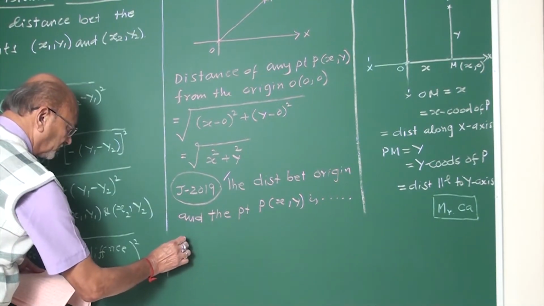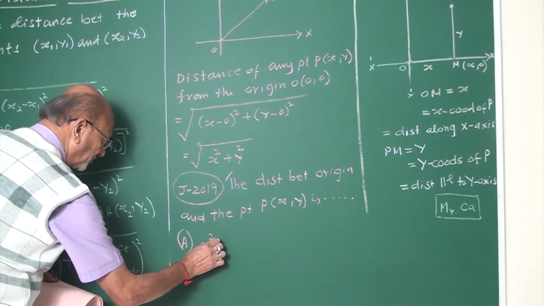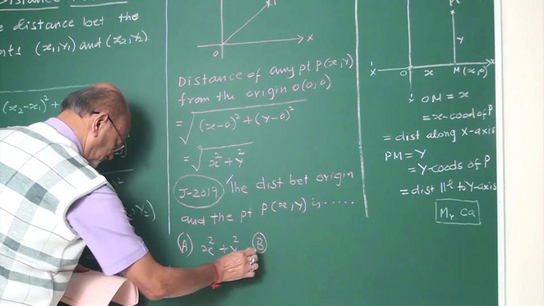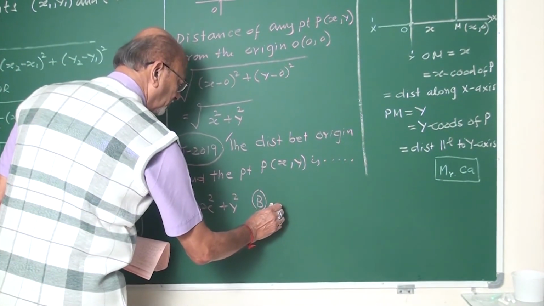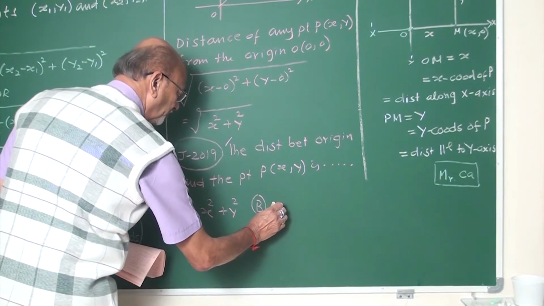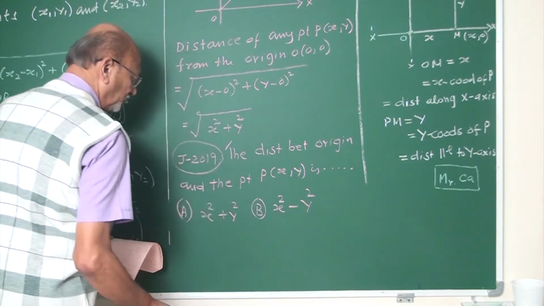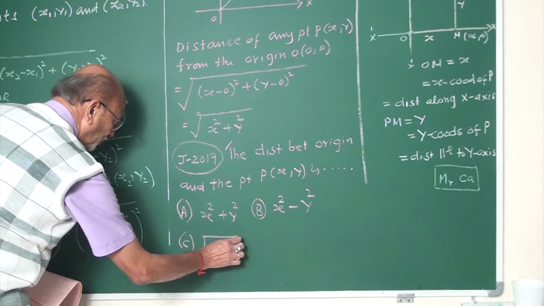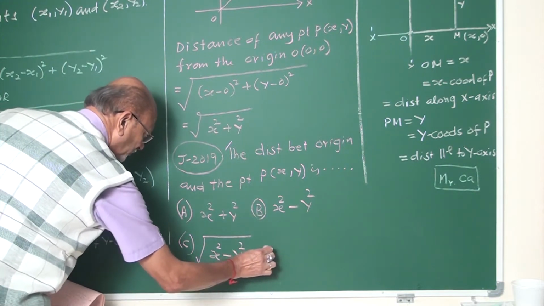First option is x square plus y square. Second option, x square minus y square. Third option, square root of x square minus y square.